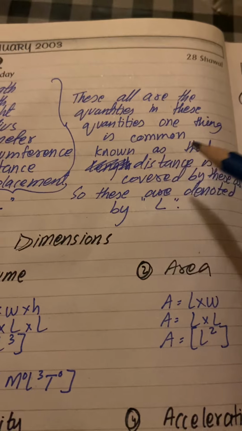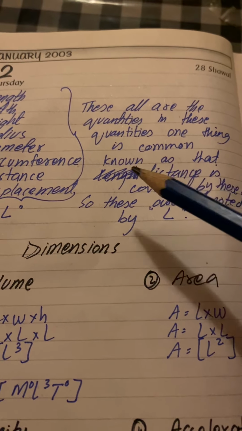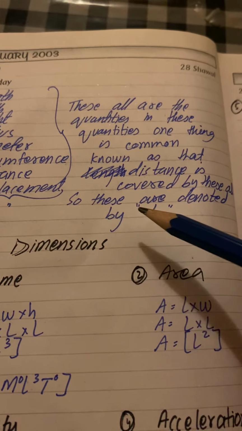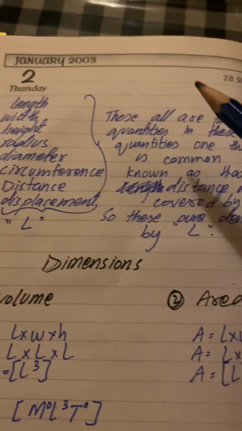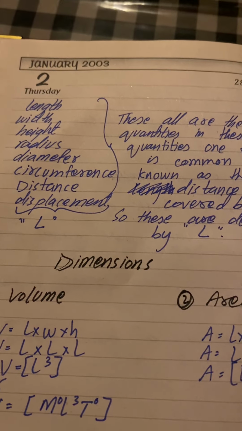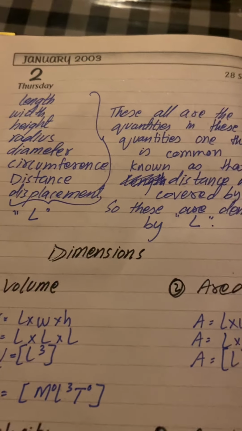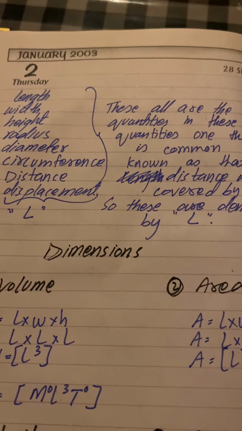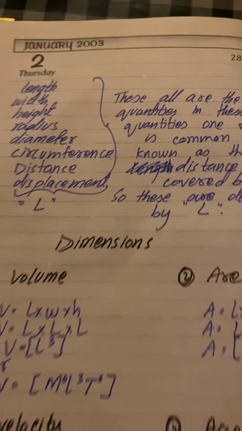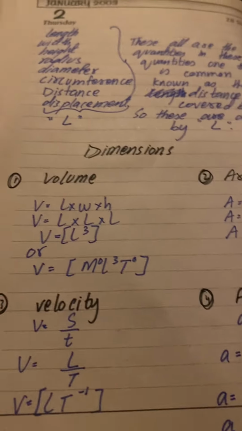In these quantities one thing is common: distance is covered by all of them. These are denoted by L. Whenever we get length or width in any equation, we will represent these all by capital L. Now we are finding dimensions of derived quantities.